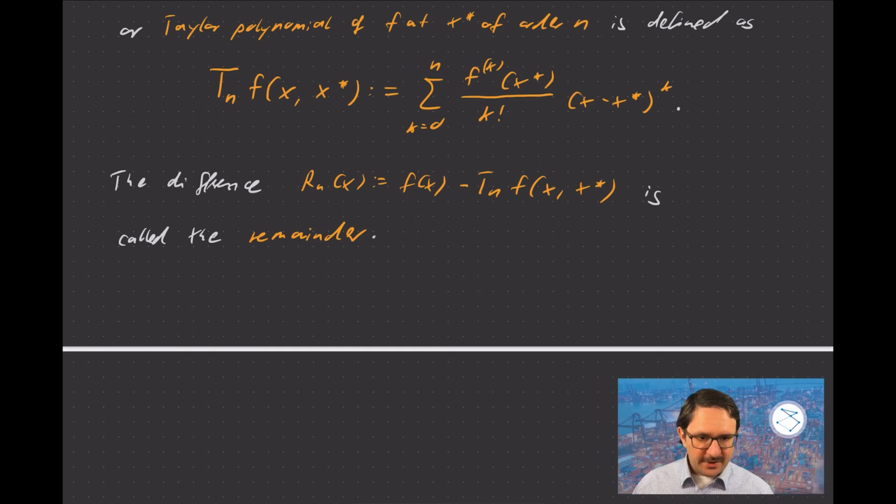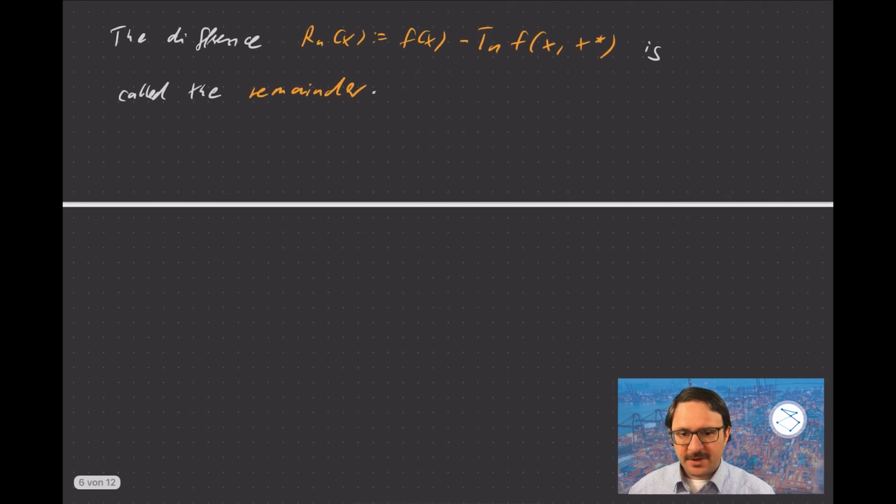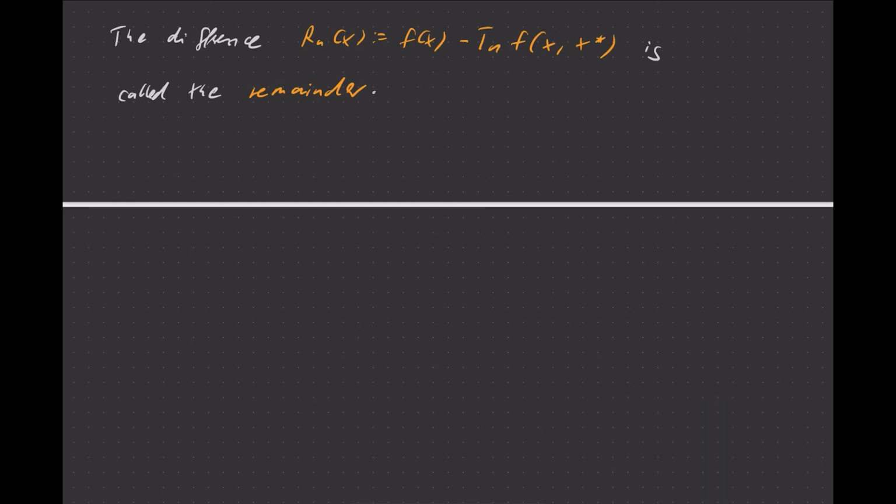And as a remark, this Taylor polynomial does exactly what it is supposed to do, what we wanted it to do. It is the unique polynomial of degree n that coincides with f in function value and in derivatives up to n at the point x star. So let's put this as a small remark here.